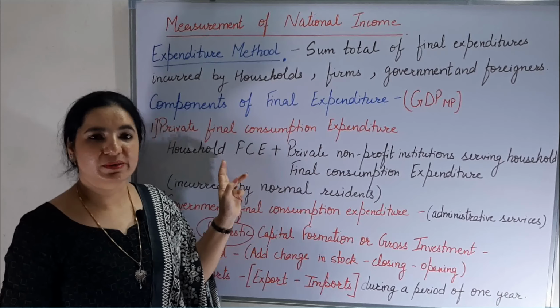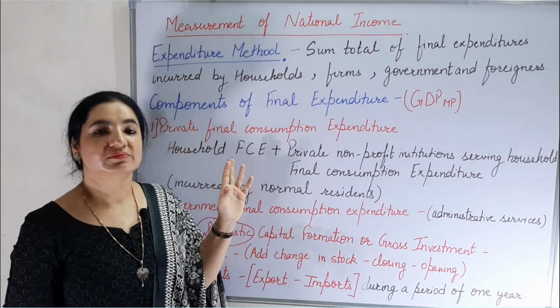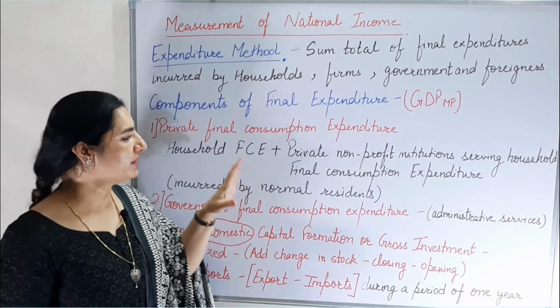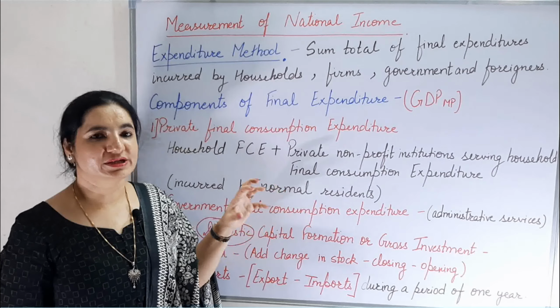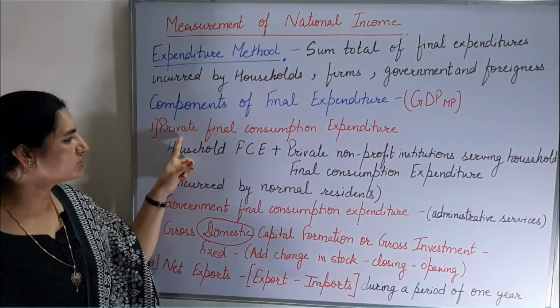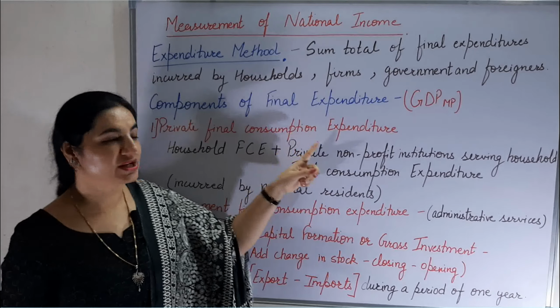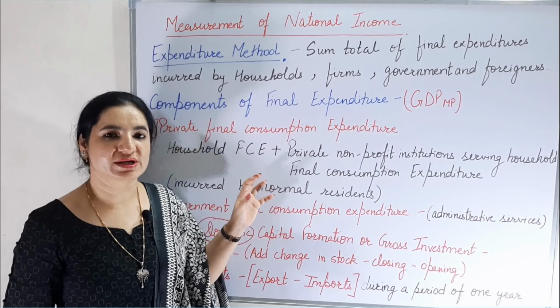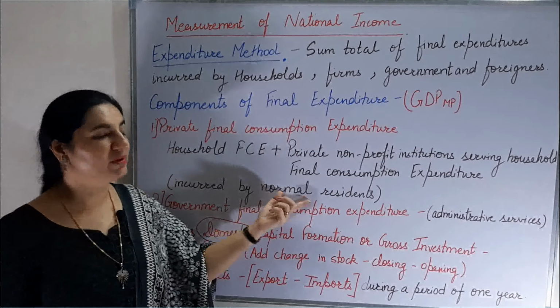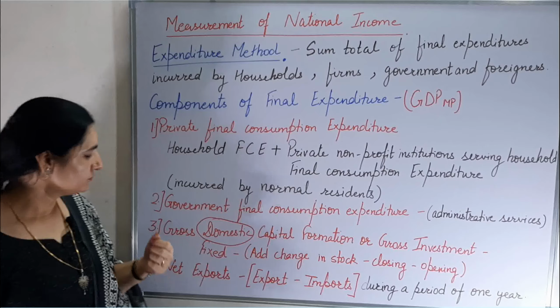So the expenditure made by these two sectors will be accumulated together to arrive at the figure which we call private final consumption expenditure. This will be included only if the bodies are normal residents.